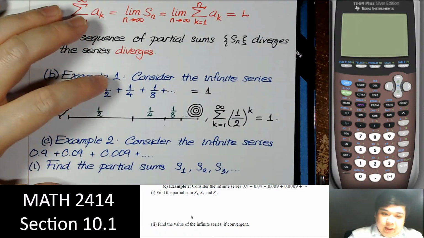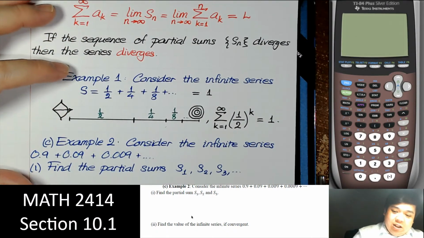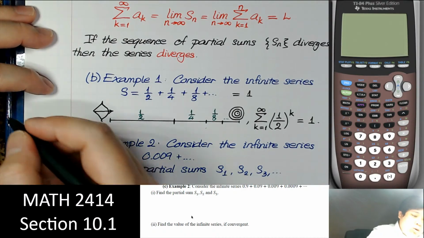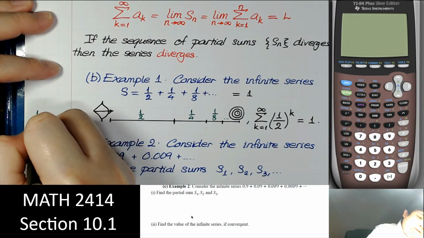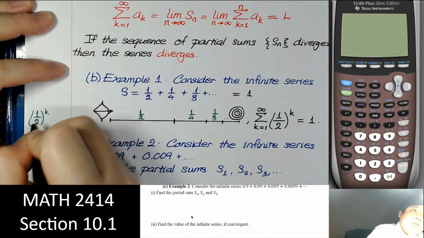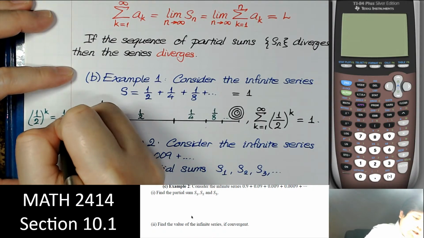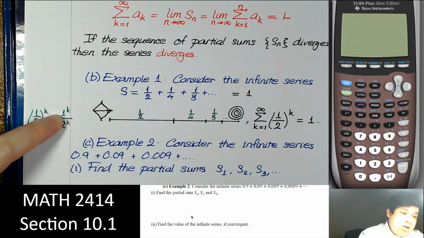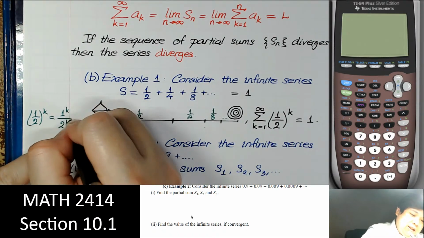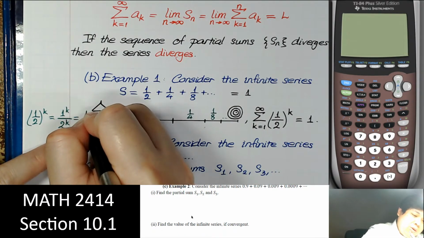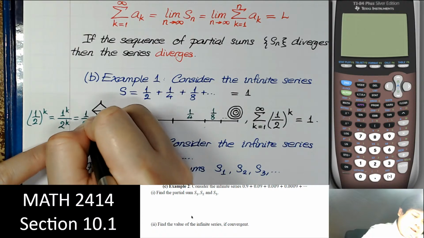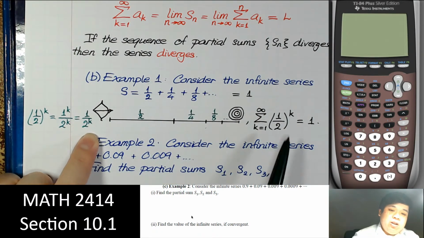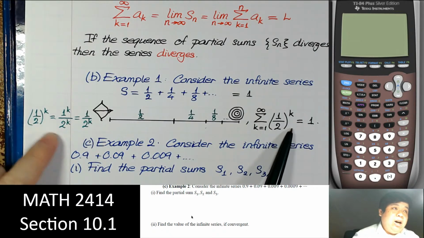Either you write it like this, or you can also write (1/2) to the k power is equal to 1 to the k power over 2 to the k power. So the power goes to the top, the power goes to the bottom. 1 to the k power is just 1. So either we have (1/2) to the k power or 1 over 2 to the k power. They're all equivalent.